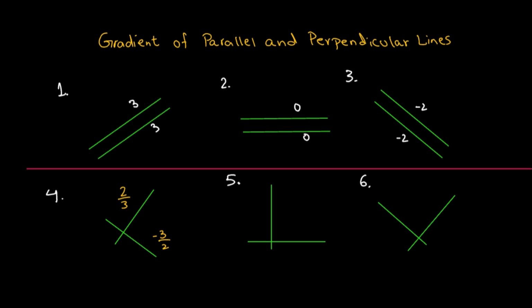Now, for the fifth example, if the gradient of this vertical line is undefined, then the gradient of the horizontal line will be 0. Lastly, if the gradient of this line is 6, that means 6 divided by 1, then the gradient of the line perpendicular to it will be negative 1 over 6, since negative 1 over 6 is the negative reciprocal of 6 over 1.